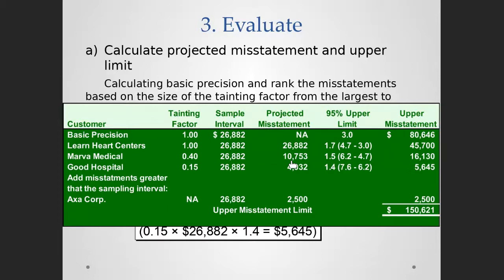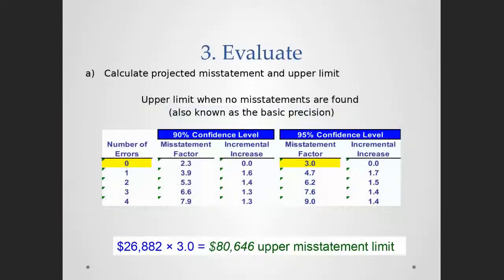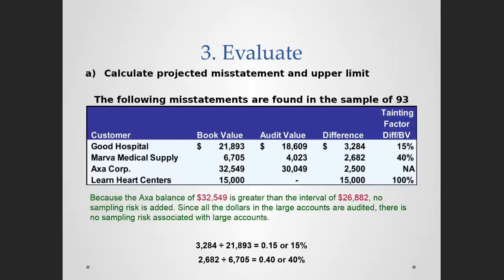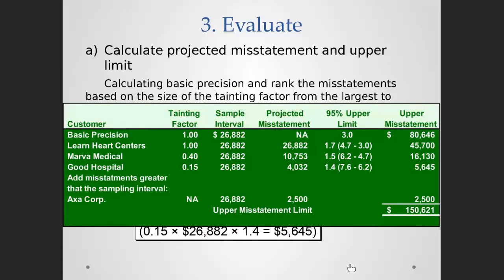And we multiply that with this misstatement factor 1.5, which is the second misstatement factor for the second error. This again comes from this table right here. You see error number 2, misstatement factor is 1.5. So you multiply that and we get 16,130.